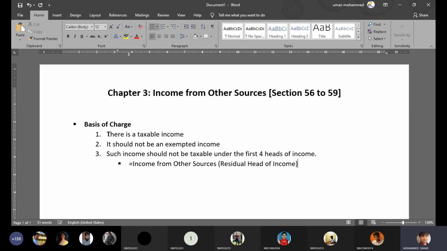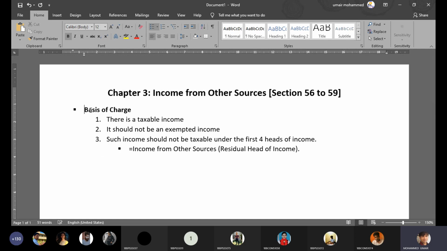If you familiarize yourself and understand this basis of charge, then technically speaking, you don't have to remember the list of incomes taxable under the head other sources at all, right? But nonetheless, we would be discussing certain important incomes which are specifically taxable under the head other sources.